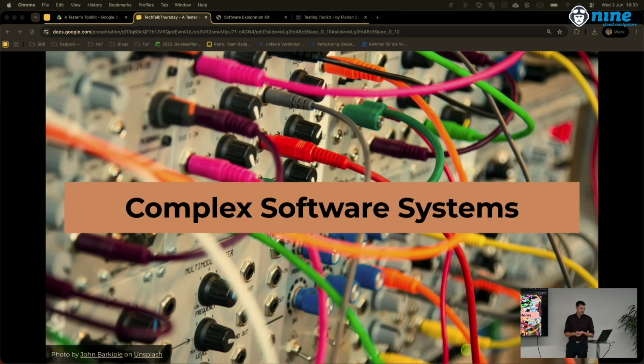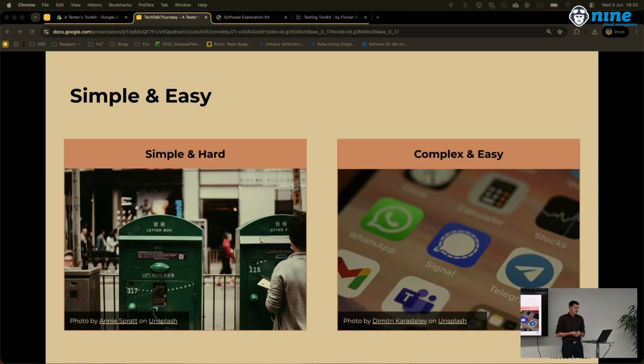So when I want to talk about how to navigate complex software systems, we need a common understanding of what complex software systems are and how they originate. Let's start with an example from the real world and the difference between simple and easy, because simple and easy are different things.